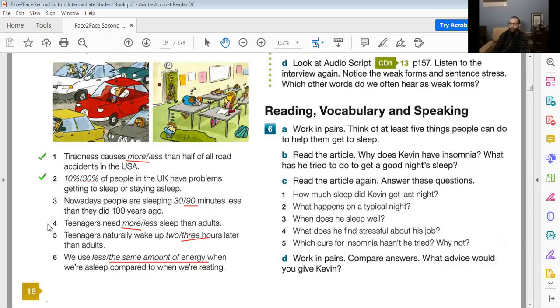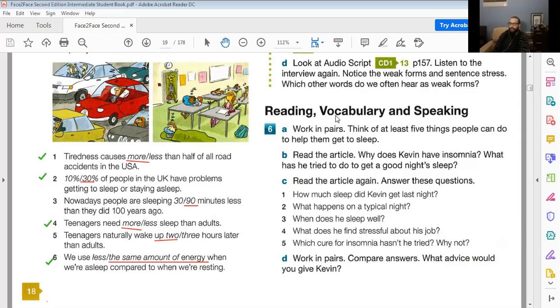Number 5? It's incorrect. It's 2, not 3. And number 6? I think it's correct. Right, that's correct. All right, that's not bad, right? So we got 4 out of 6. I think that's very nice.